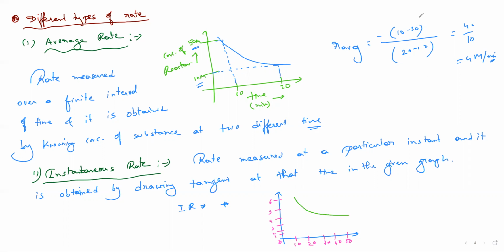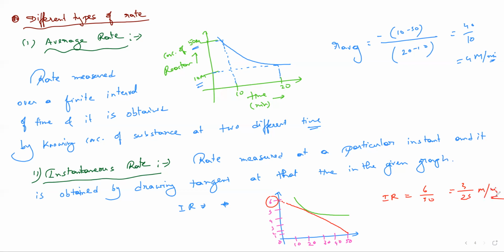Now at a particular time instant, draw a tangent like this. In this case, instantaneous rate equals concentration 6 by 50, that means 3 by 25 molar per minute.